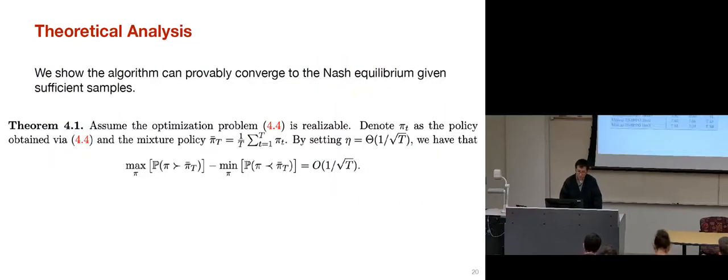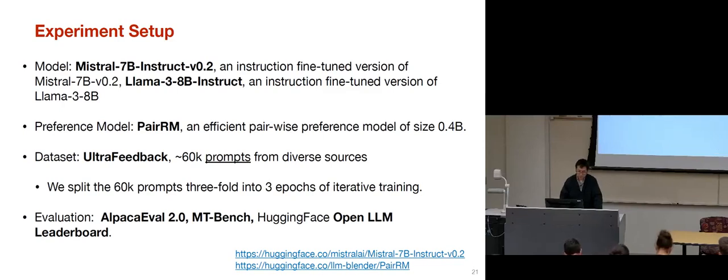Oh, yeah. So because in our algorithm, we need a pairwise reward model, in our experiments we just use a very small reward model of size 0.4 billion. So it's a very, very small model. We do not use any supervision signal from GPT-4 or similar advanced language models.